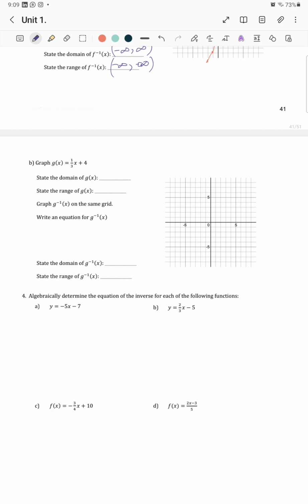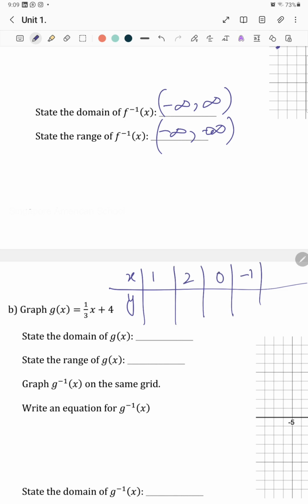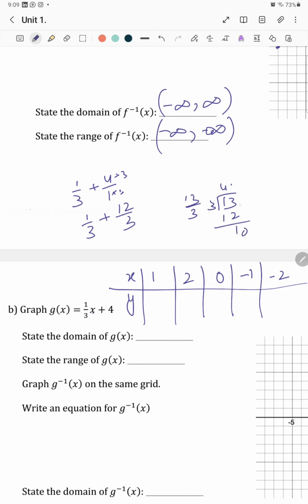State the domain. So 1 by 3x plus 4 can be graphed as follows. 1 by 3 plus 4 is 4.3. 2 by 3 plus 4 is 4.6. 0 gives 4.